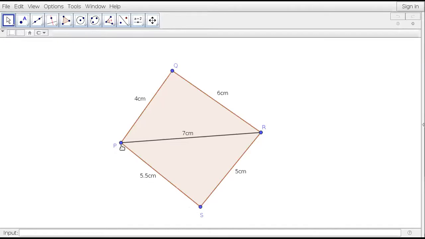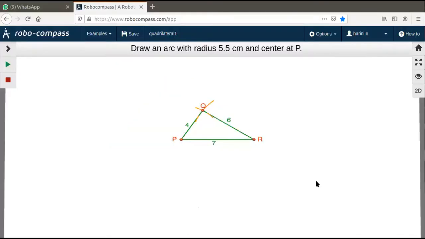So first with P as center and radius 5.5 centimeters, you will cut an arc. Then with R as center and radius 5 centimeters, you will cut the second arc. So the two arcs will meet at point S. So that will complete my second triangle below PR. So that's exactly what we are going to take up now. So shall we continue?